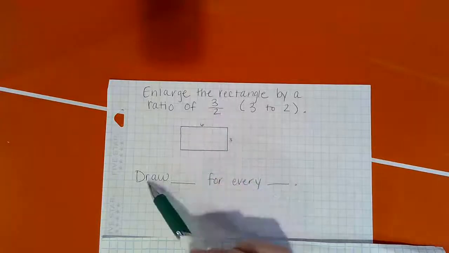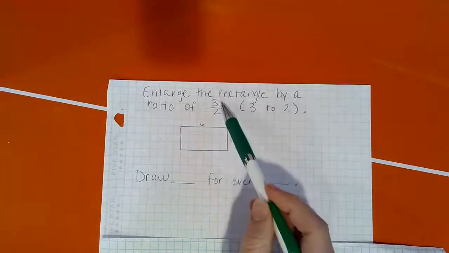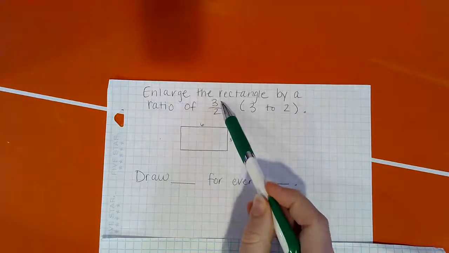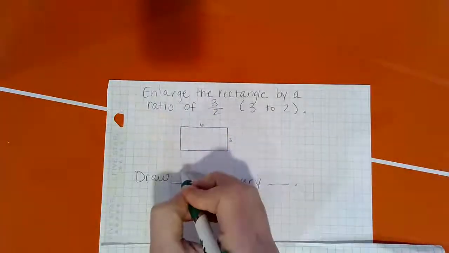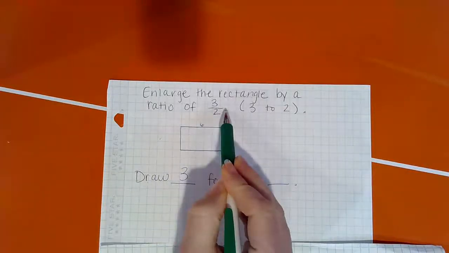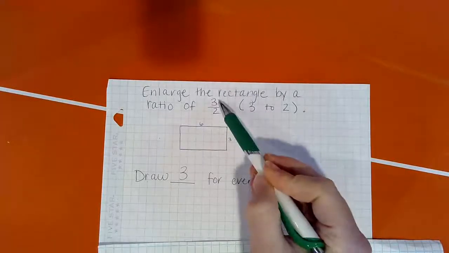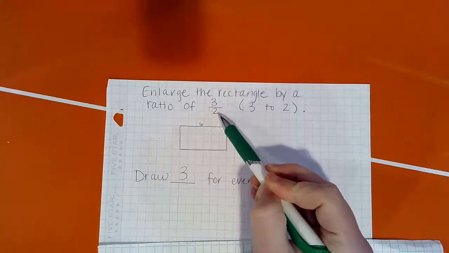Draw 3 is the first number we come to, so I'm going to say draw 3 for every 2. Draw 3 for every 2.